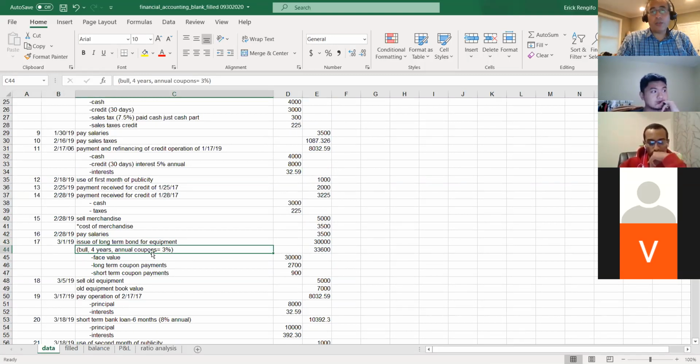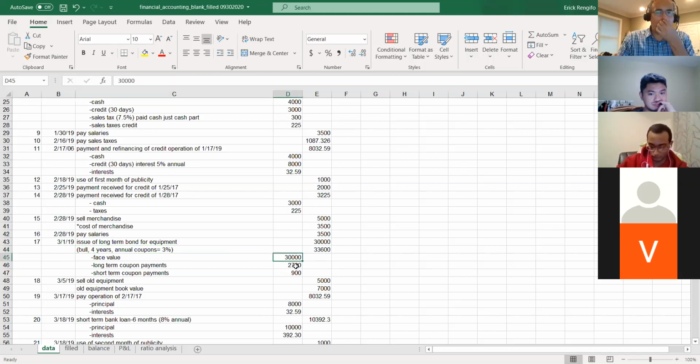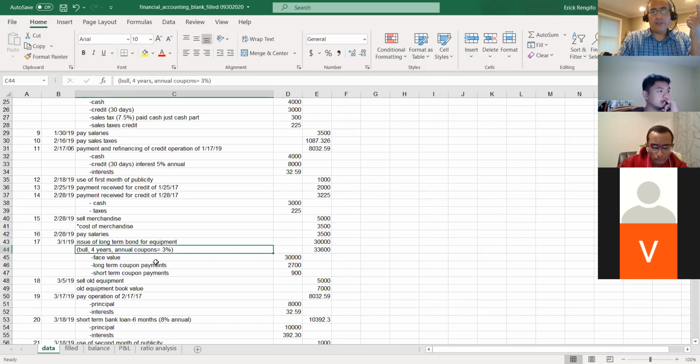I will pay four coupons, 3% each coupon. The face value is 30,000. The coupons, guys, are going to be 3% of the face value. Do you agree? Yes. So it's $30,000 times 0.03, which is 900.